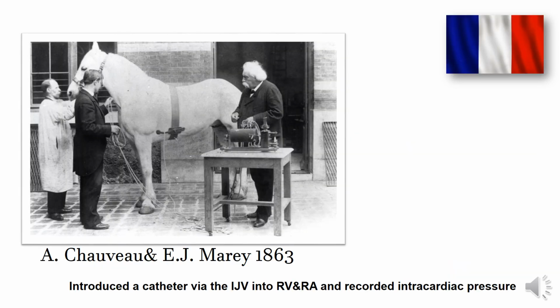This was followed in France by Dr. Chauveau and Marey in 1863, when they introduced a catheter via the internal jugular vein reaching the right ventricle and right atrium, and they recorded for the first time the intracardiac pressure waves.